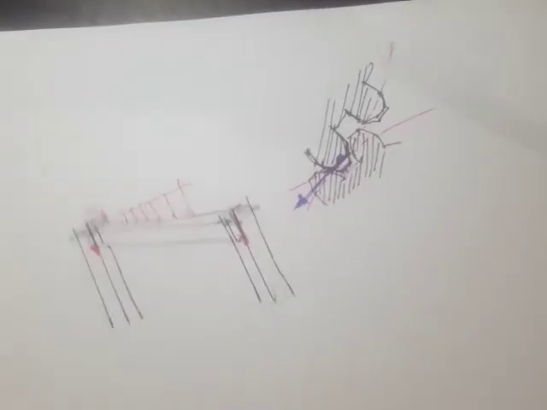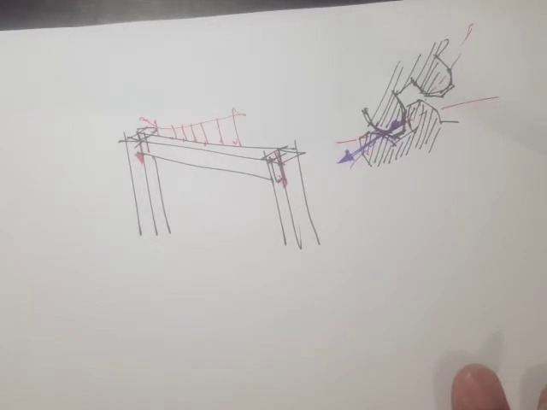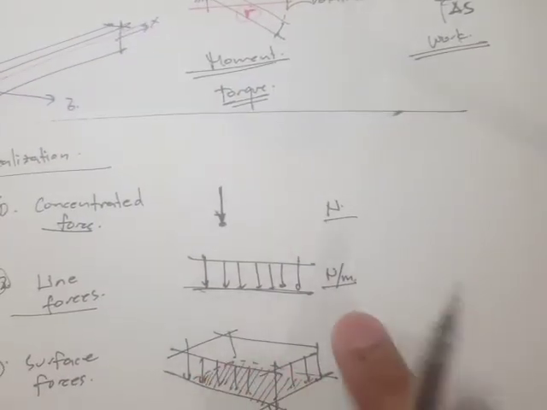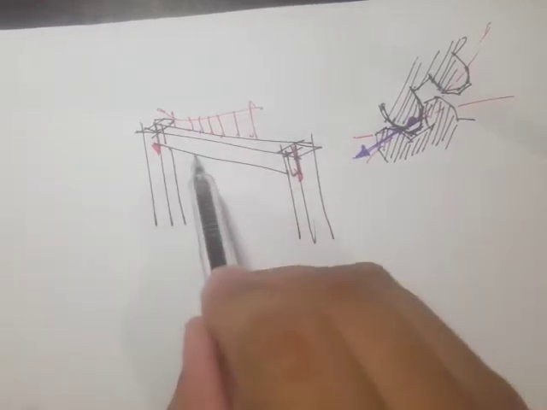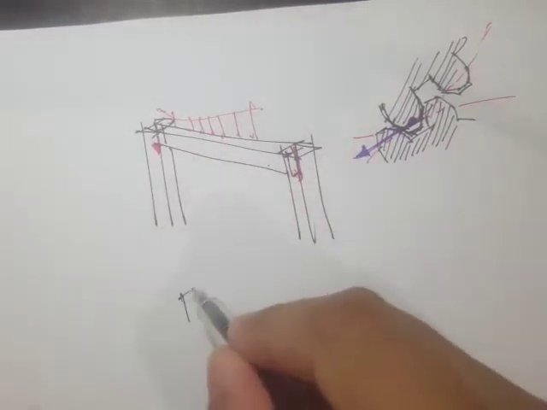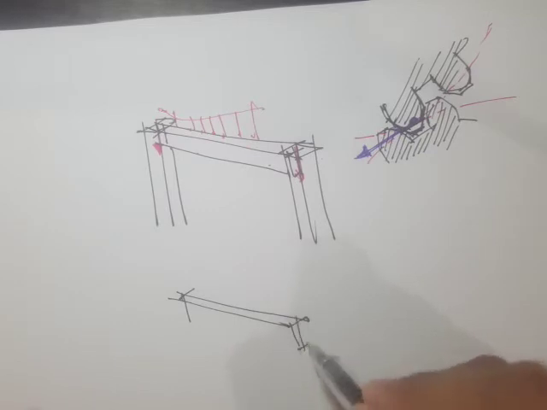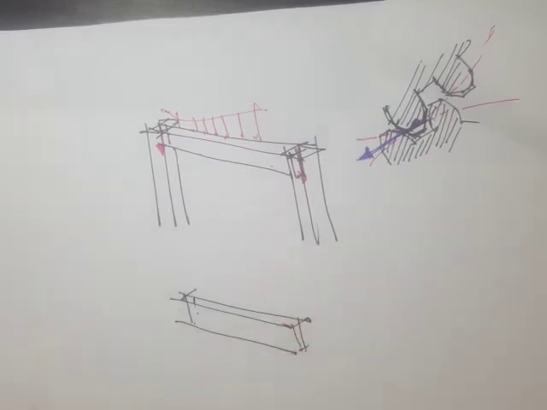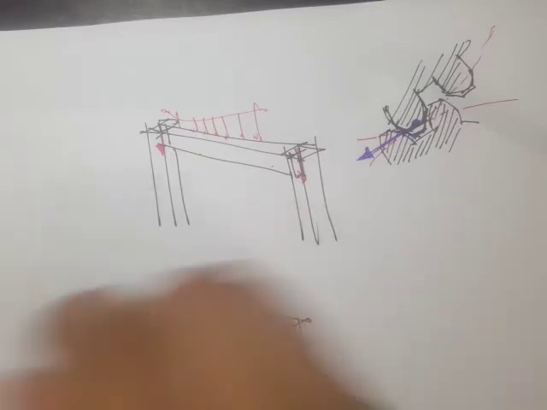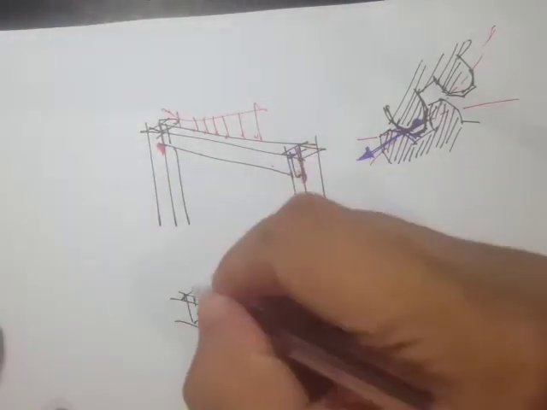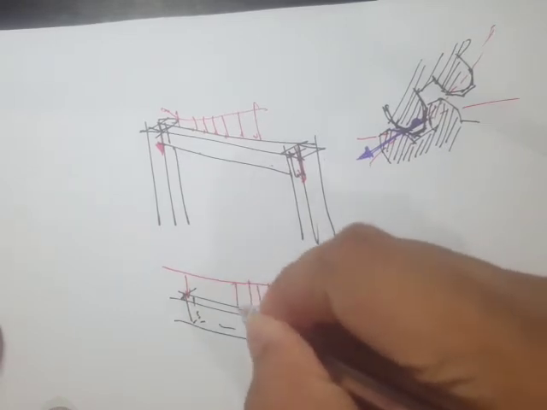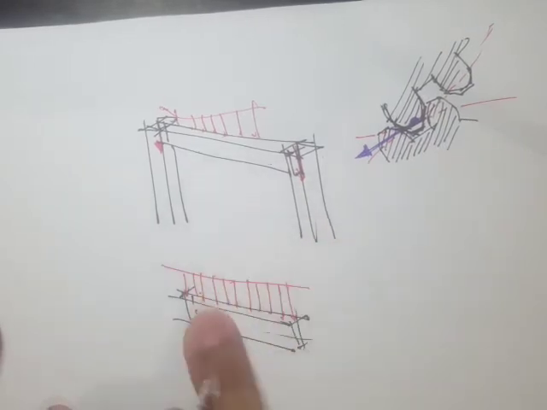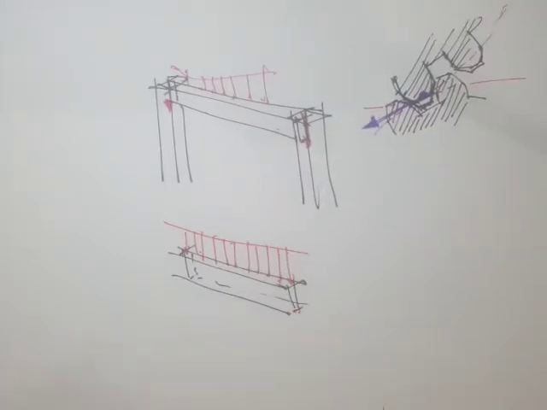Now for the line forces, the unit is Newton per meter. An example of that is the weight of the beam. Because this beam has a unit weight and a volume, there's going to be a distribution of weight. So this is a line force.